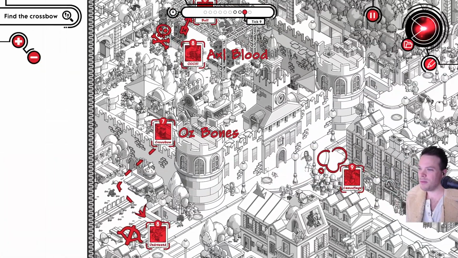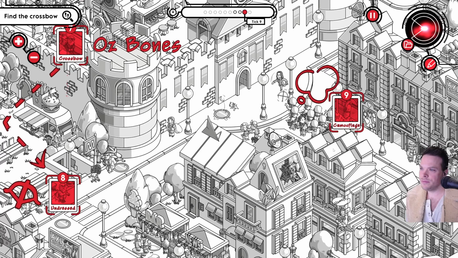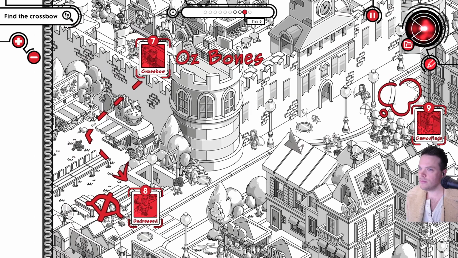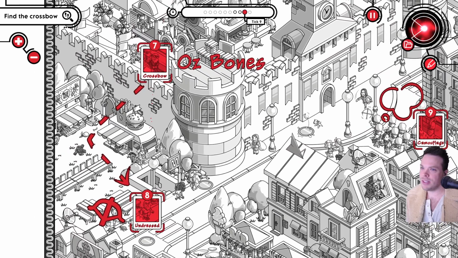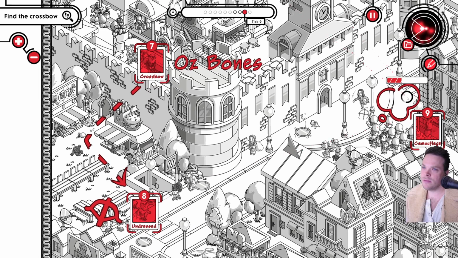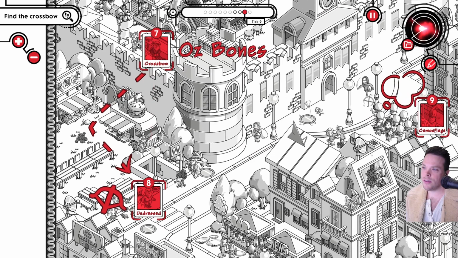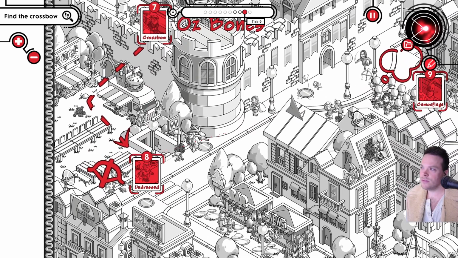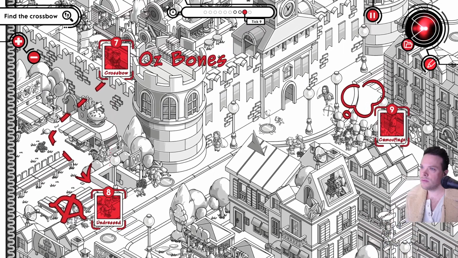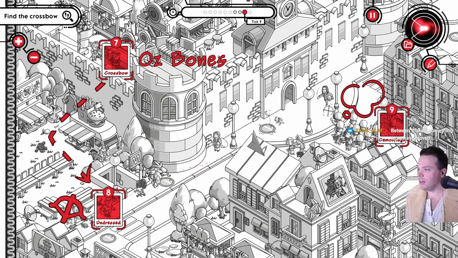There's no way it would be back up there. Isn't this meant to be indicating something? No. Let's follow the red dotty line.